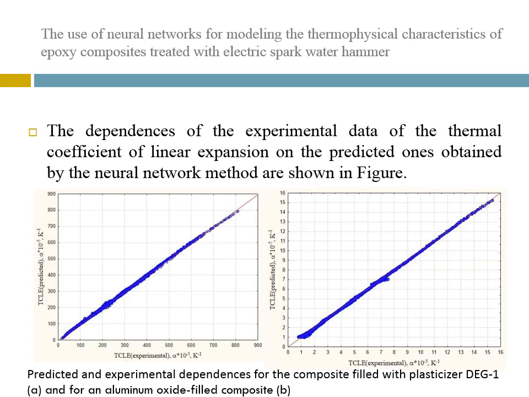The dependencies of the experimental data of the thermal coefficient of linear expansion on the predicted ones obtained by the neural network method are shown in this figure. It is important that the points in the figure are located quite close to the bisector of the first coordinate angle, which indicates the consistency of the predicted and experimental data.